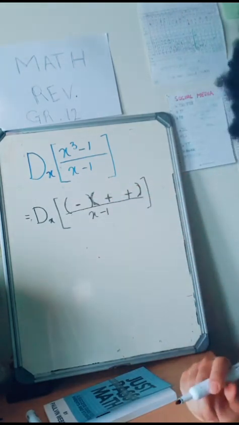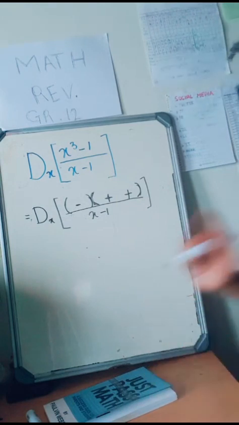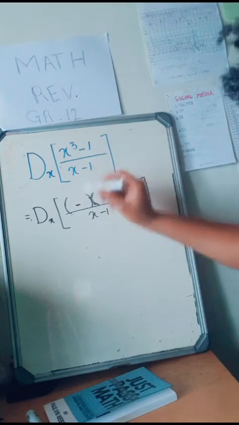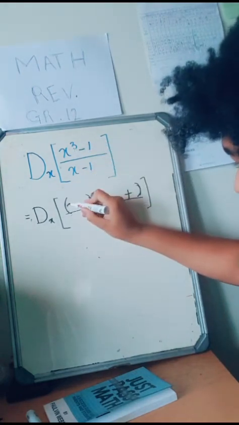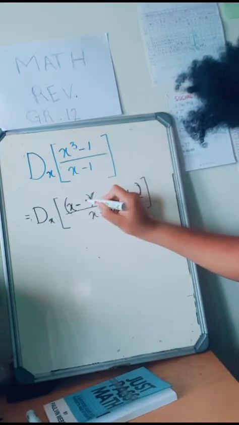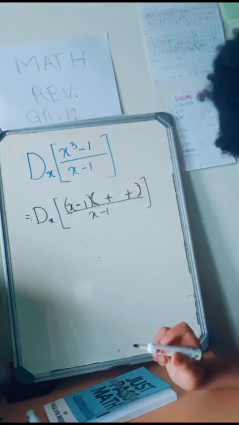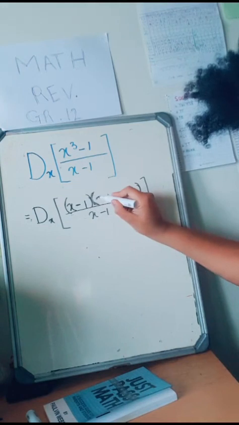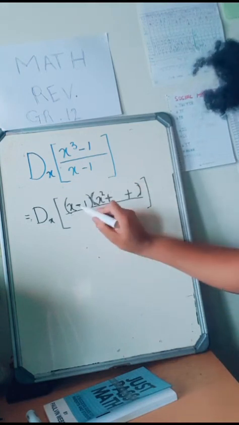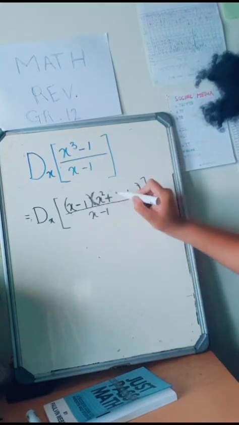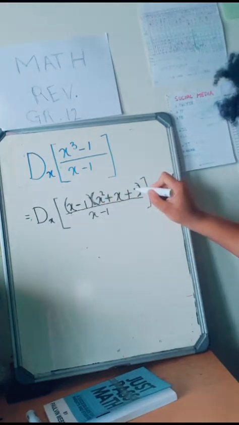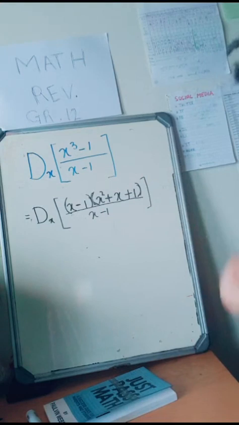I think that's better. Then the rule says that we should take the cube root of that, which is x, and then the cube root of that, which is 1. This is grade 10 stuff. Then we square this one, which is x squared, and then this multiplied by this term, which is x, and then the last one squared, which is 1 squared, which is 1.